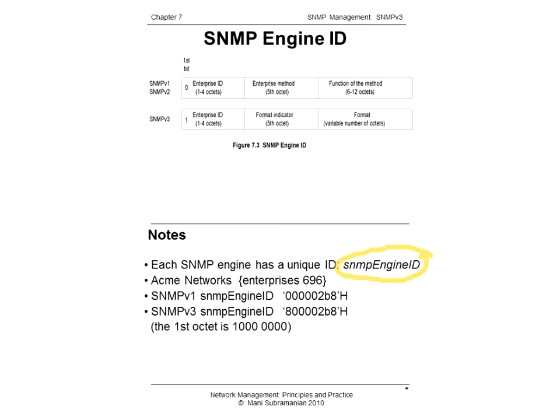The first bit of the 4 octets is set to 1 for SNMP V3 and 0 for earlier versions. For example, if we have networks that have been assigned enterprise 696, so the first 4 octets will read accordingly.